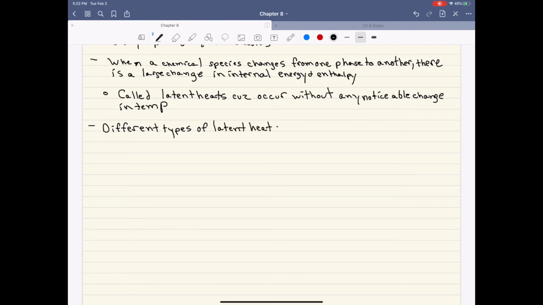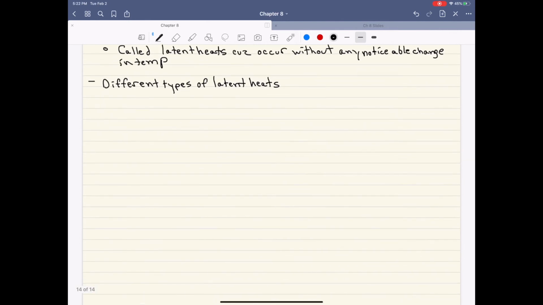Right? And I just want to catalog a couple of them for you in this video. So the first one that we're going to deal with, since we're going to deal with a lot of liquids going to vapors and vice versa, is the heat of vaporization. Okay, so you'll see this abbreviated as delta H sub V. And so this is going to be associated with the enthalpy change when you go from a liquid to a vapor.